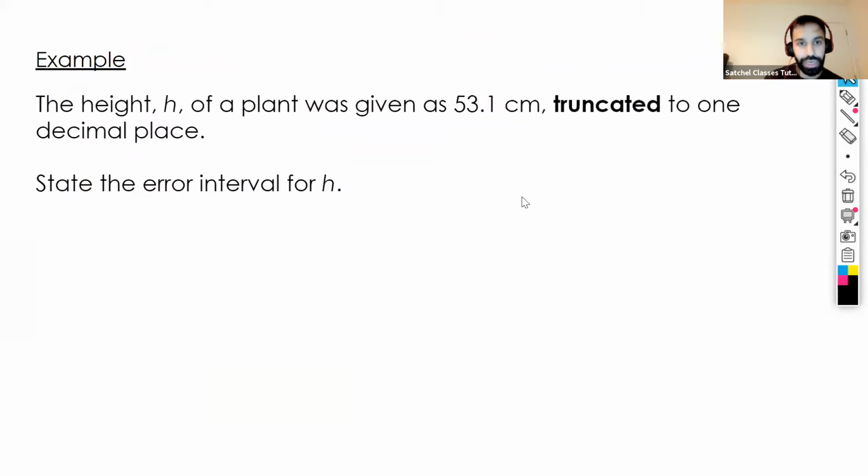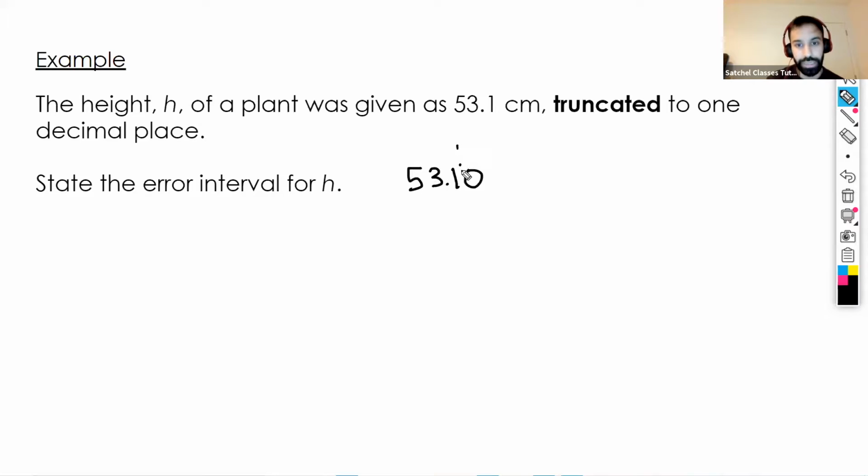Here's a question. It says, the height h of a plant was given as 53.1 centimeters truncated to 1 decimal place. State the error interval. So what we need to find is the upper and lower bound. Now, truncated to 53.1 centimeters. So the height of the plant could have been 53.10.